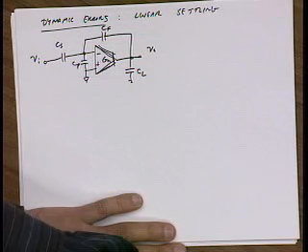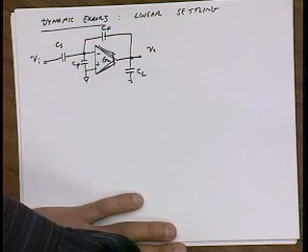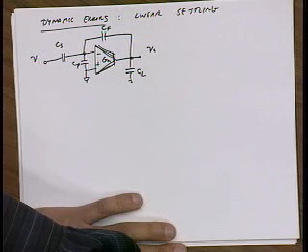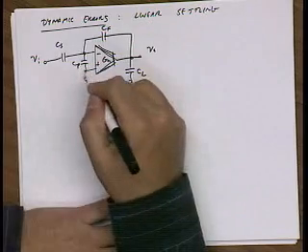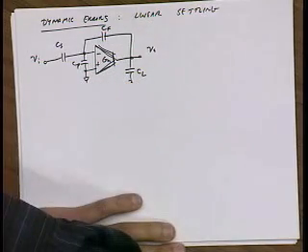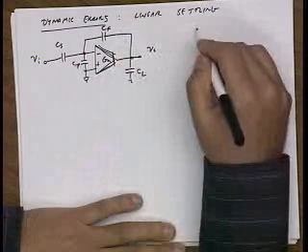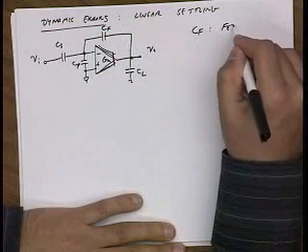What are some other sources of poles and zeros in this circuit? A simple question. Not a trick question. Okay, CF gives you a 0. Yeah, so basically we have a feed-forward 0.